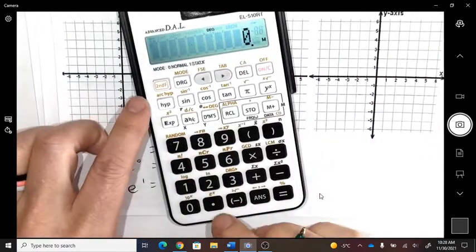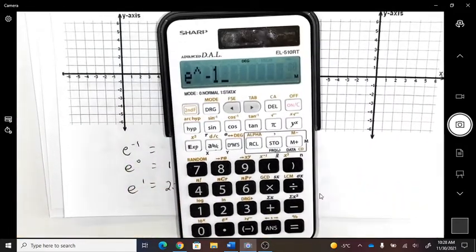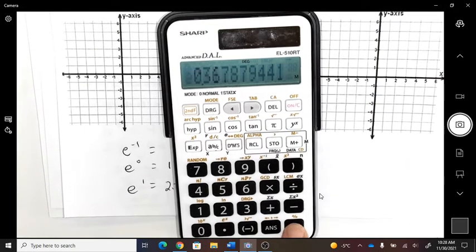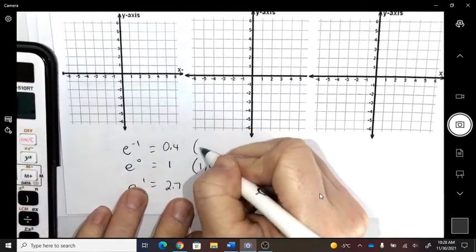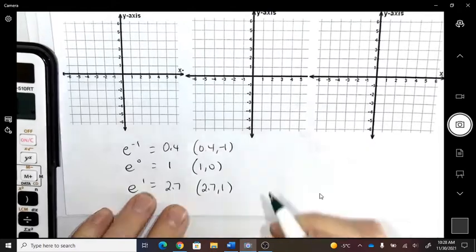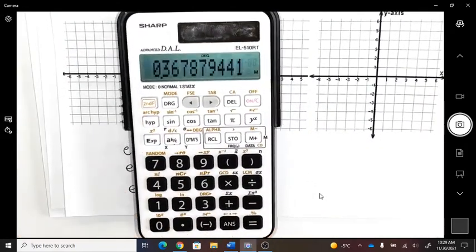And then why don't you practice in your calculator e to the negative 1 so that you make sure you know where your button is. And let me know if you can't find your button.